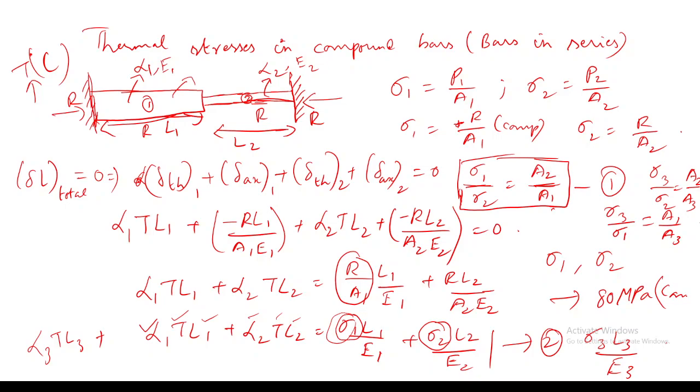Compressive, yeah. And if the temperature is decreased for the whole system, and I calculate sigma 1 and sigma 2, for example sigma 1 turns out to be 40 and sigma 2 turns out to be 30. What will the stress be, compressive or tensile? Tensile. Yeah, for both it will be tensile. Okay.